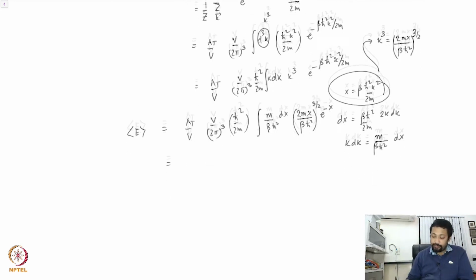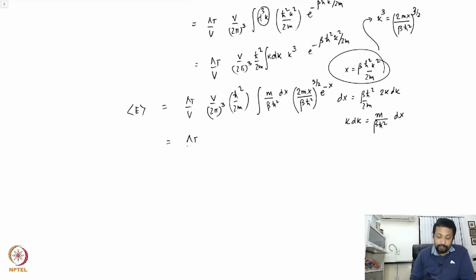So everything comes out now. Lambda t v over 2 pi whole cube, h bar square over twice m, m over beta h bar square, and then I have twice m over beta h bar square raised to the power 3 by 2.